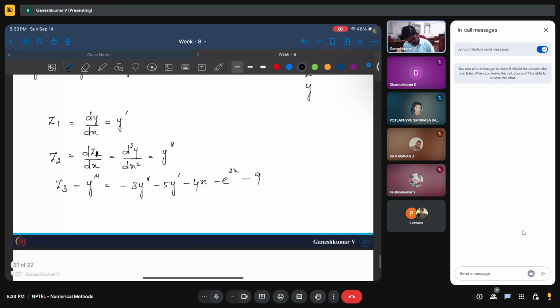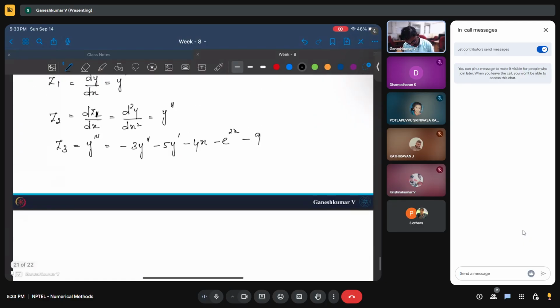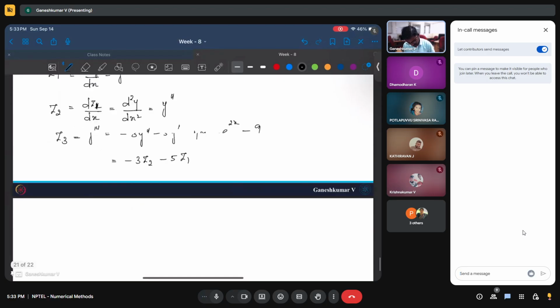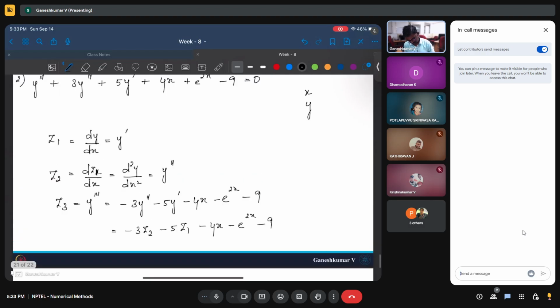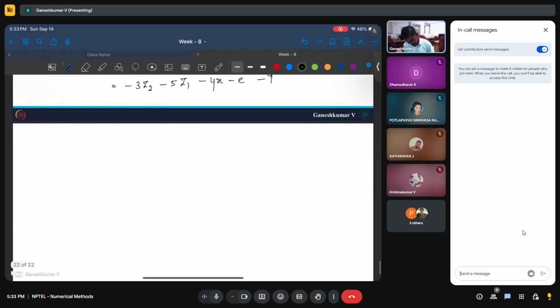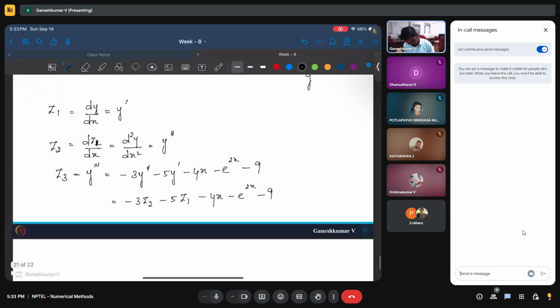So we can write y triple dash as minus 3z3 minus 5z2, and then minus 4x minus e power 2x minus 9.